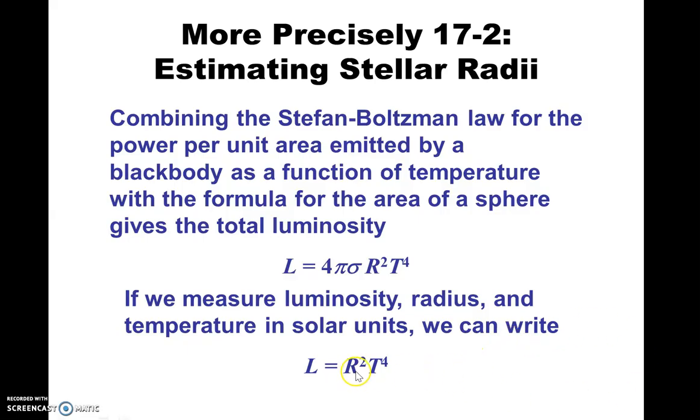I mean, you could actually work out what R is, which is of course the radius of the star. So remember, there's only a handful of stars that you can directly measure the size of. So this is the usual way that we measure the size of stars: find the absolute luminosity, find the surface temperature of the star, and then use this equation to calculate what R is.